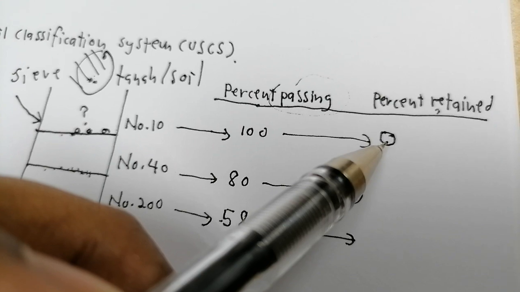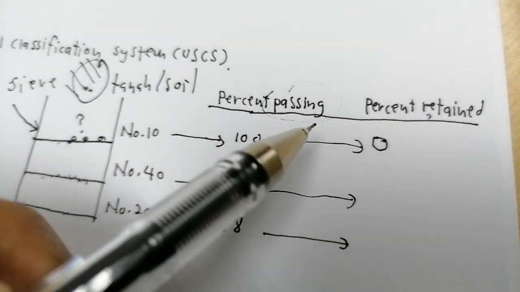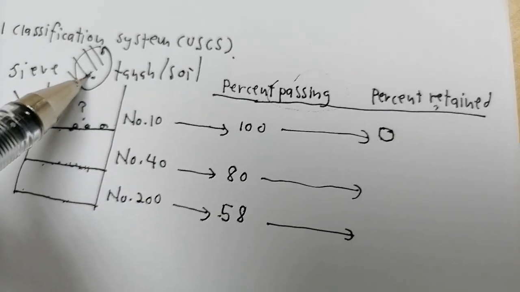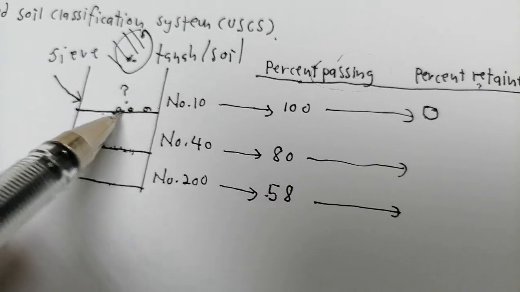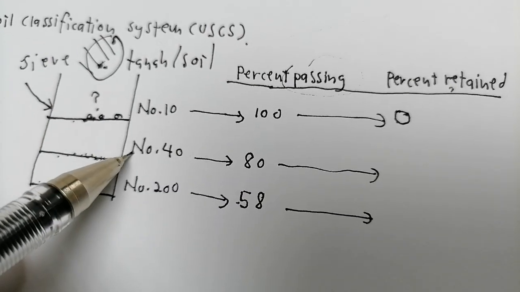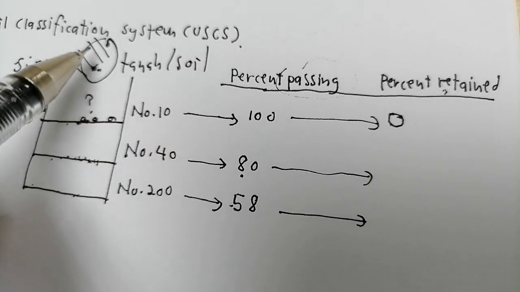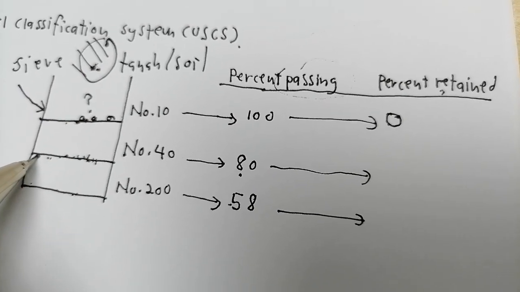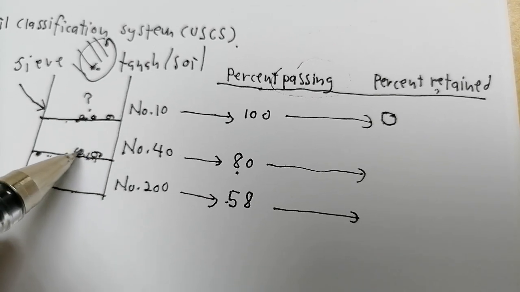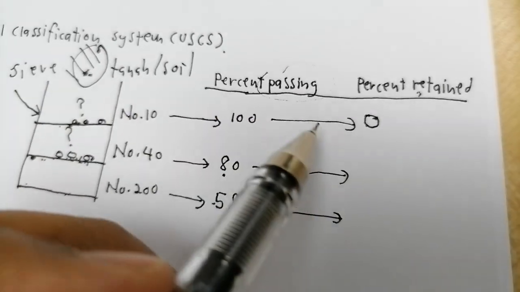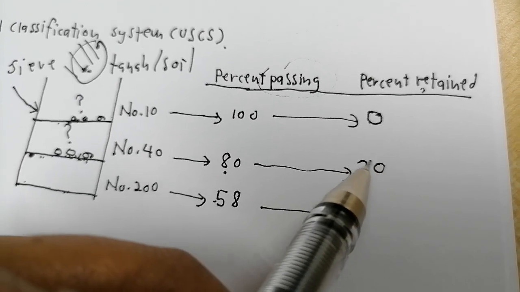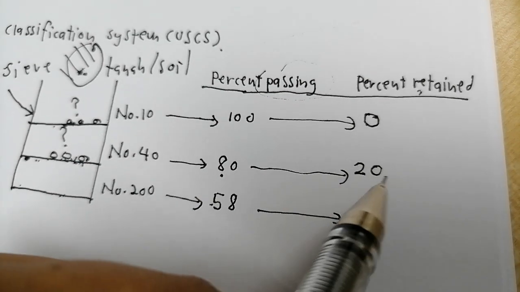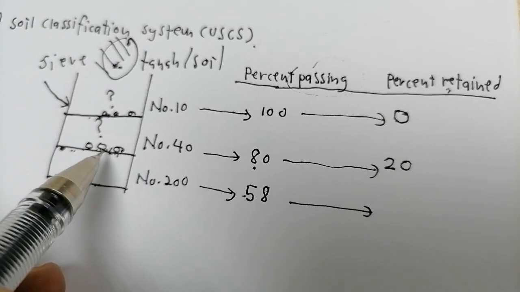So yang retained, maksudnya tertahan di atas sieve number 10 is kosong lah, 0%. Semua soil ni melepasi sieve number 10. And then for sieve number 40, 80% daripada soil ni, keseluruhan soil, melepasi sieve number 40. So yang tinggal berapa? 20, right? So basically 100% minus 80, so 20% yang akan tertinggal.